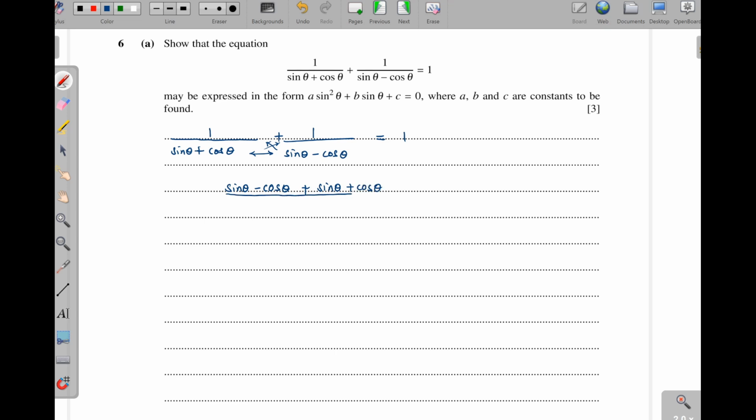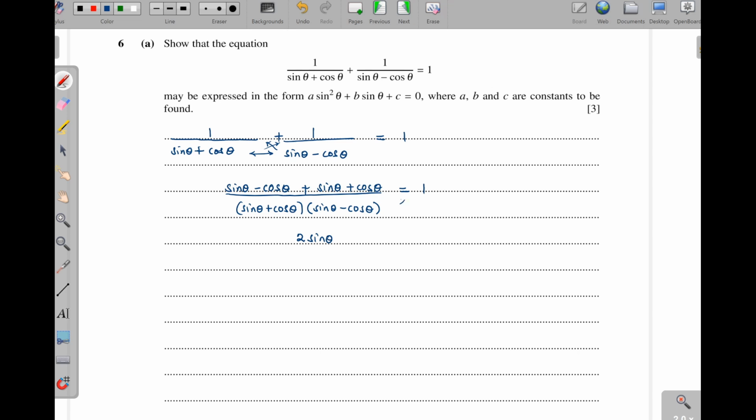Then we are dividing by sine theta plus cos theta, then multiplied by sine theta minus cos theta. Then this one is equal to 1. From here we can see cosine going. So that means we shall have 2 sine theta up here.